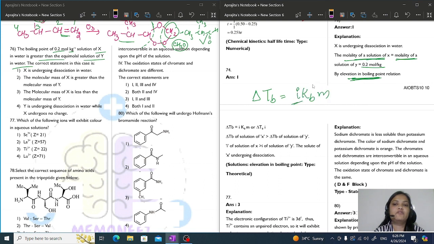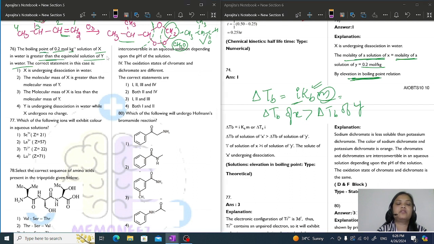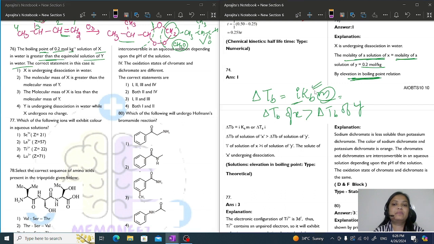I is the van't Hoff factor, Kb is the elevation constant and m is the molality. Now since molality is the same, in this case ΔTb of X would be greater than the ΔTb of Y. Why? Because it's given that the boiling point of X is greater than that of Y. Kb is constant, molality is equal, so we are only left with i.